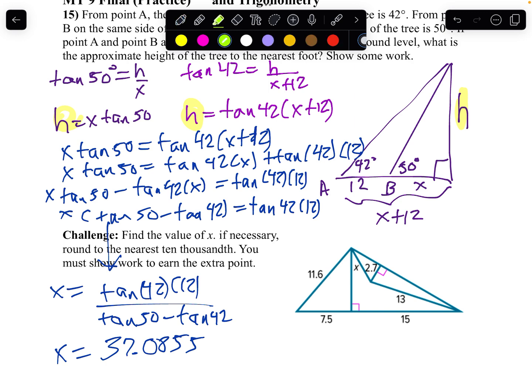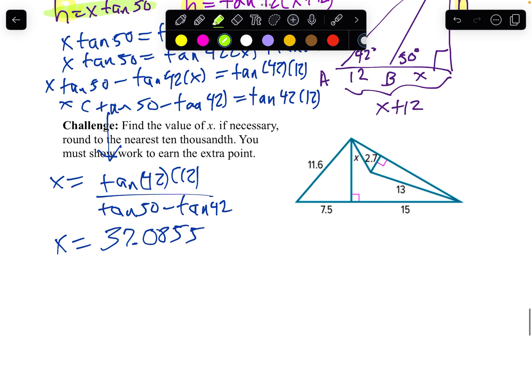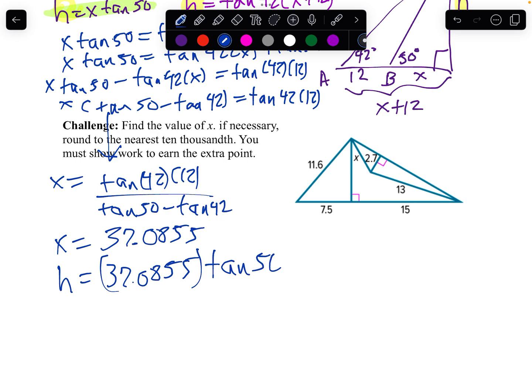I'll highlight this in green. h is x times the tangent of 50. So I'm going to take my previous answer, 37.0855. I don't know why I wrote all those decimals, but I did. Times the tangent of 50, and that'll give us the height.